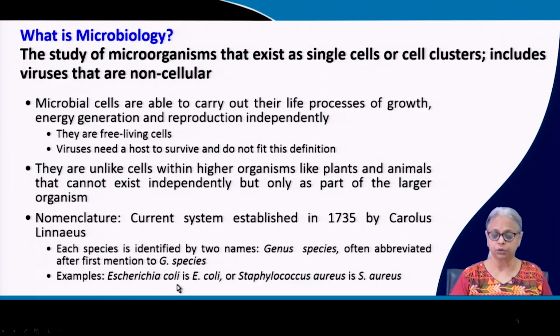So Escherichia coli, which is a common inhabitant of our gastrointestinal tract, is shortened and written as E. coli. And Staphylococcus aureus, which is again a very common pathogen in our environment, is shortened to S. aureus. This is the simplest way of naming and identifying different species of microorganisms or even higher organisms.